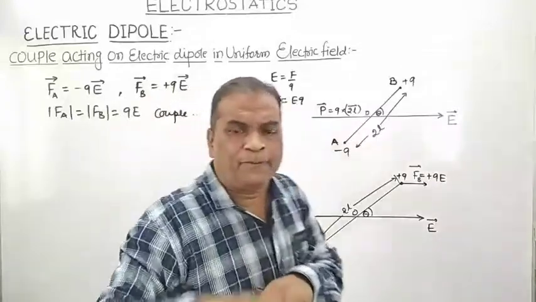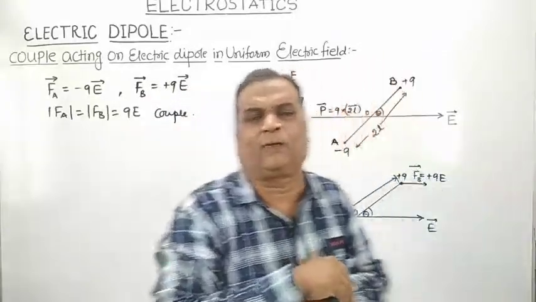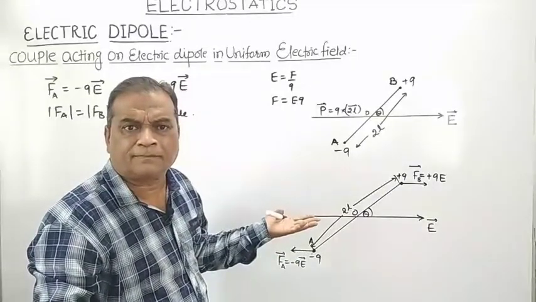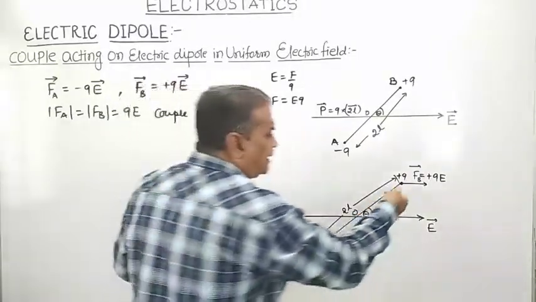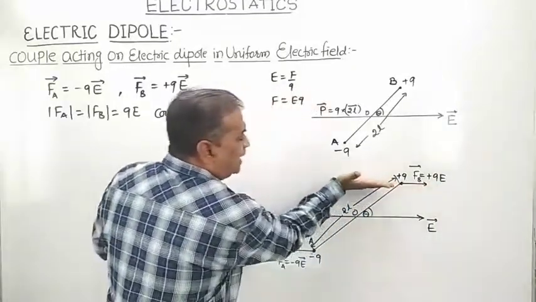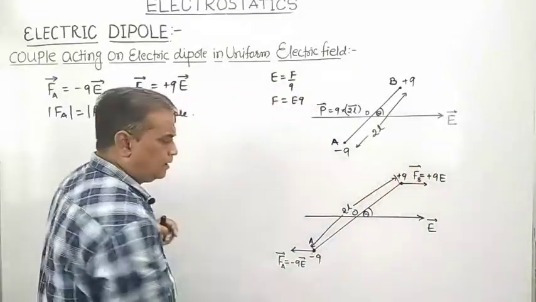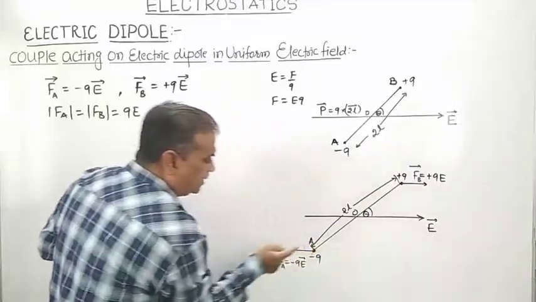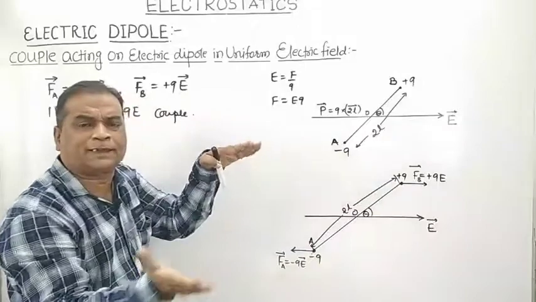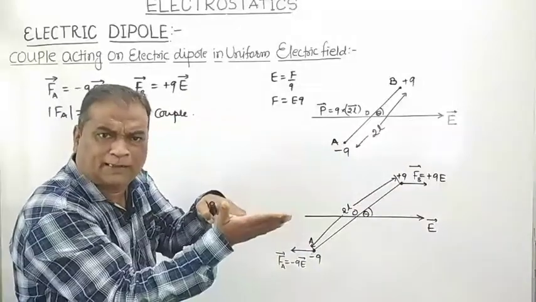Whenever we have a pair of forces which are equal in magnitude but opposite in direction, and whose line of action of force, meaning if I draw a line over here, that will represent the line of action of force. Here you can draw a line that will give you what? The line of action of force. These lines of action of forces are separated; they do not coincide.